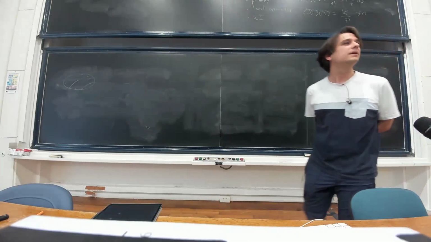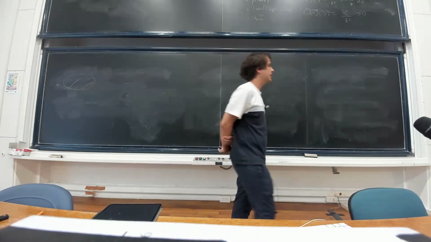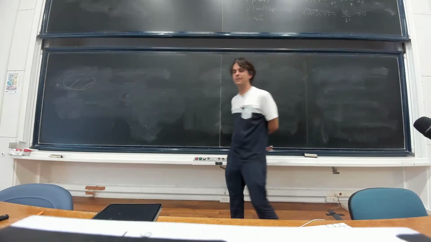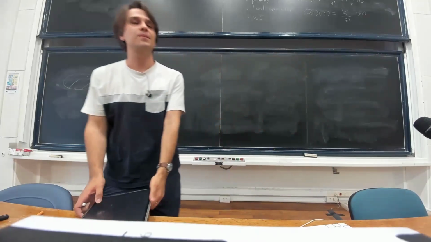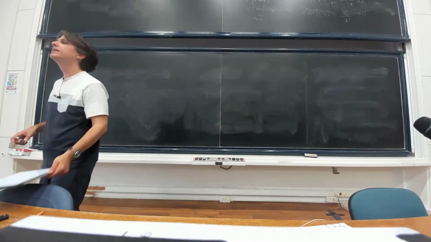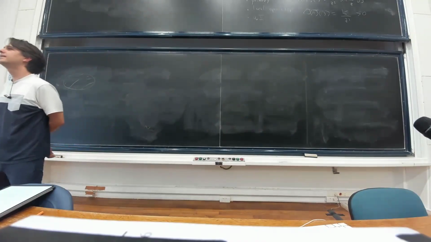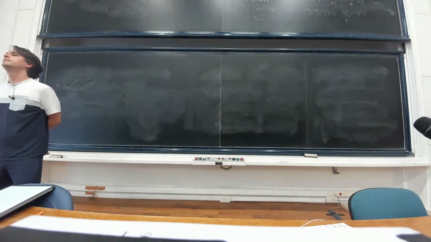I have to think about it. It could be that implicitly we're assuming it somewhere, but I cannot tell at the moment. We assume that it acts faithfully. Okay, there you go.